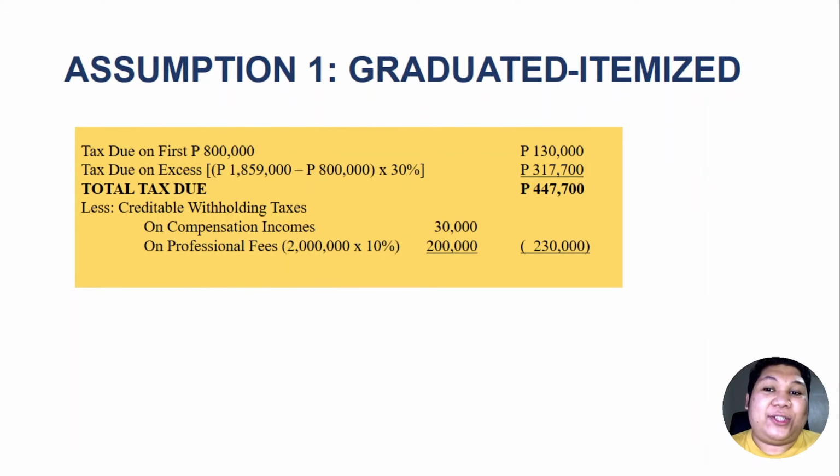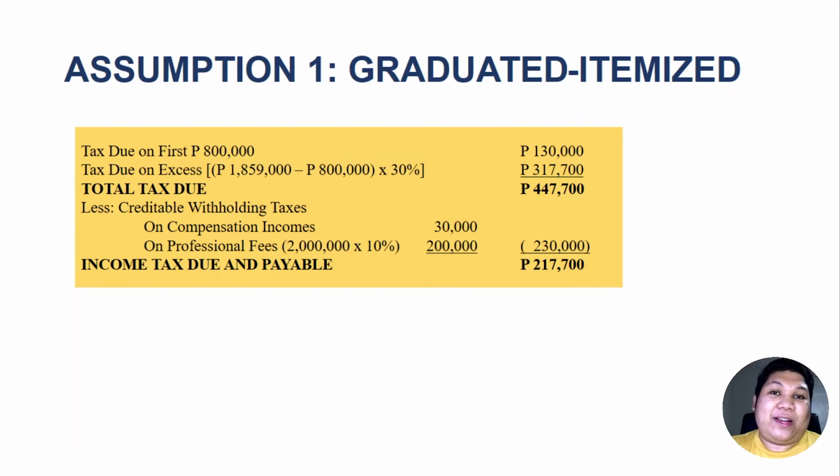So we have a total creditable withholding taxes of 230,000 pesos. So therefore, Juan's income tax due and payable is now 217,700 pesos. This is the remaining balance that Juan should pay to the Bureau of Internal Revenue once he files his annual income tax return.